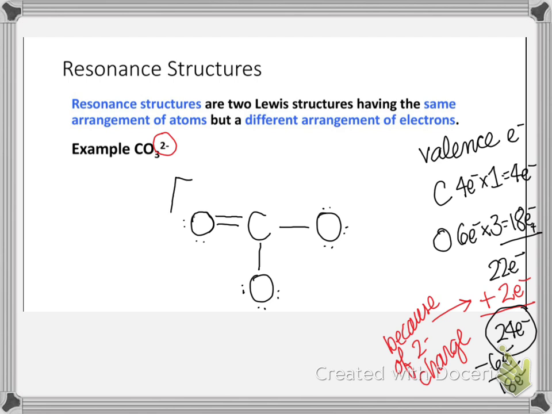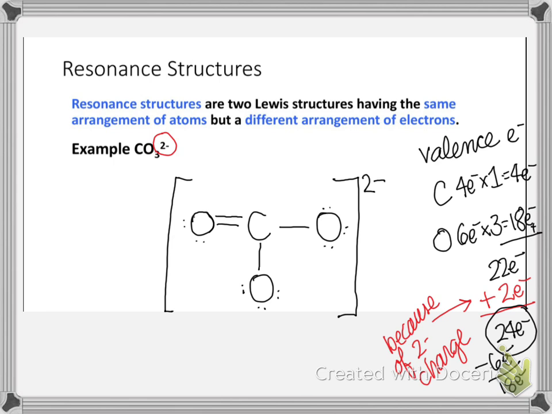Now, one thing they also often do for polyatomic ions is they draw big brackets around the structure and put the charge outside of it. That indicates to someone looking at your structure that to draw it, you have added 2 electrons. So it's better representing what you've done. So again, resonance structures are just like drawing any other Lewis structure.